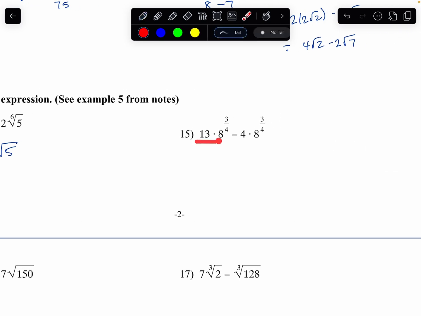Here I can see that I'm subtracting these terms. They're being multiplied by 8 to the 3/4 power, which means I can actually combine their coefficients. So this becomes 9 times by 8 to the 3/4 power.